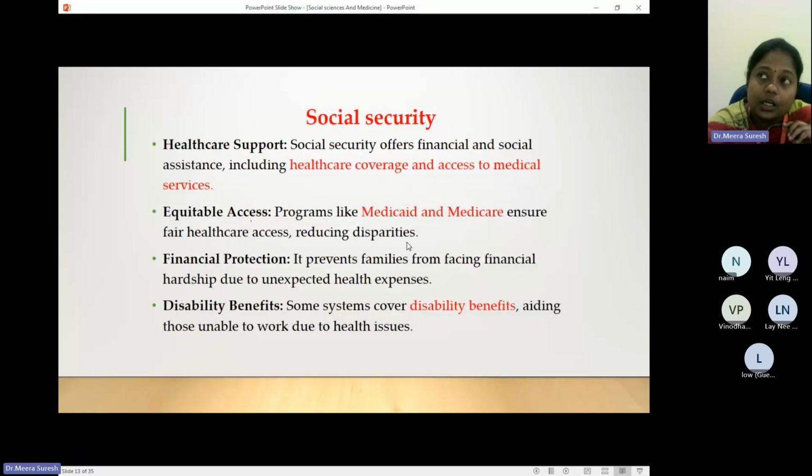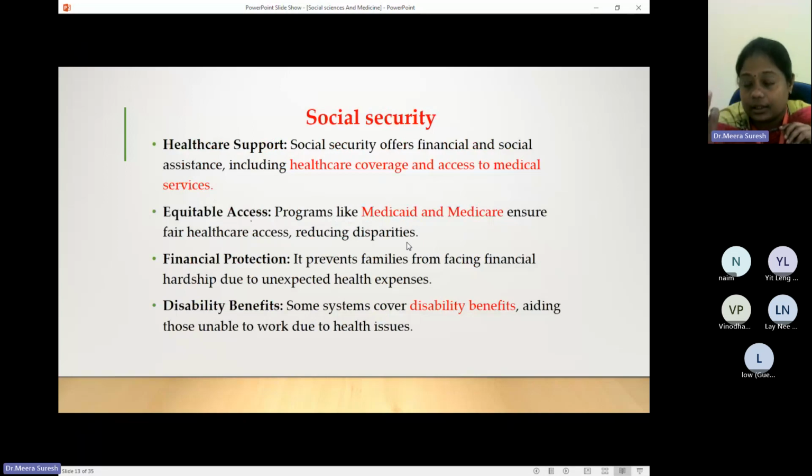But in many other countries, the government support in providing healthcare insurance is very little, or it depends on our premium. So it doesn't give equitable access.